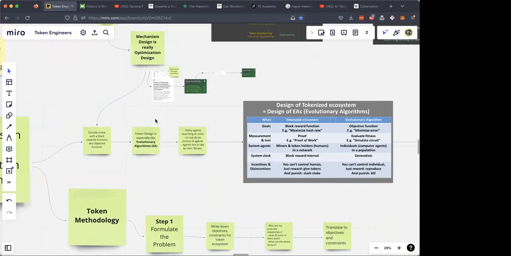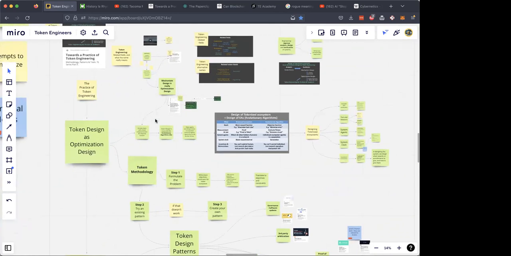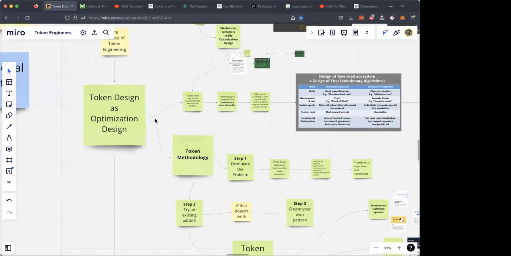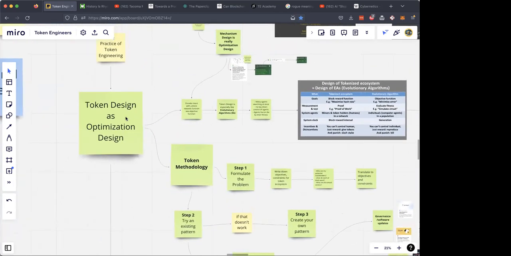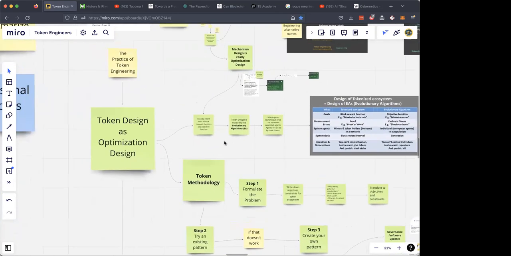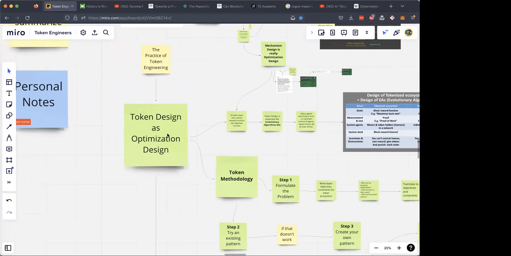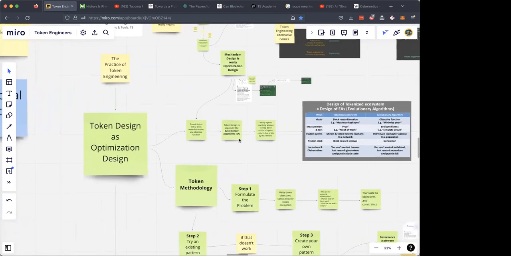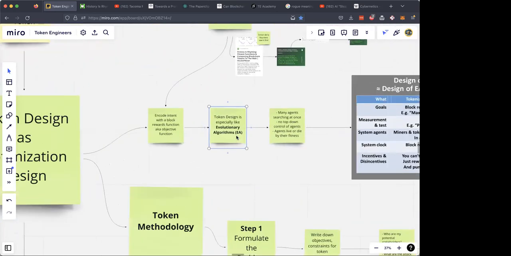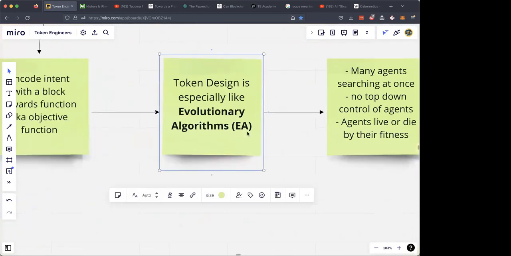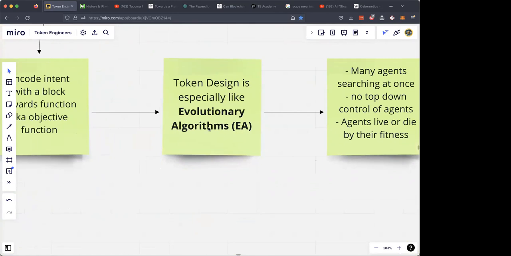I'm taking a look. Maybe some of this is a little too technical. But basically what Trent is saying is token design is similar to something called optimization design. An example is evolutionary algorithms, which is basically how evolution works, but AI.